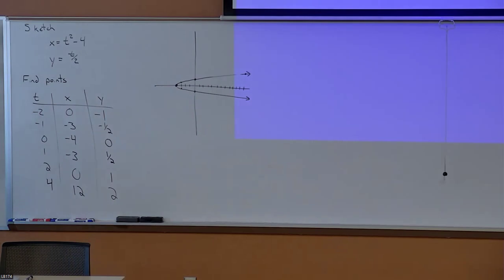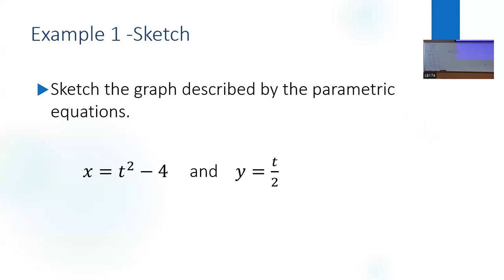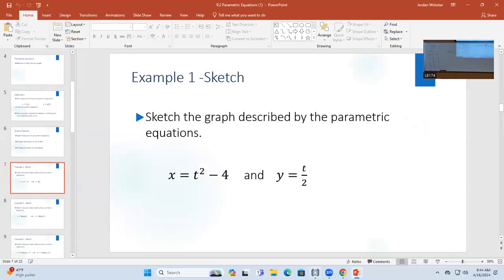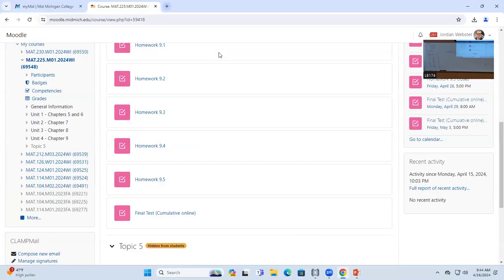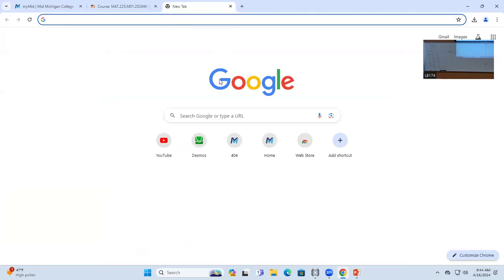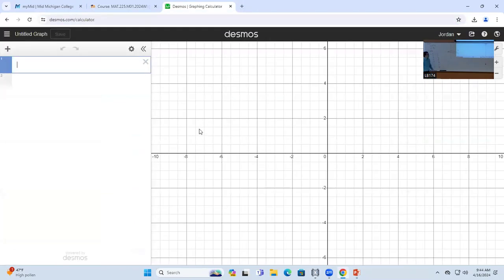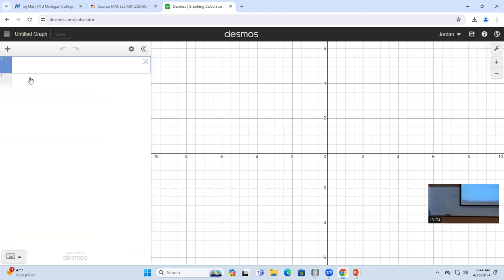One of those ways is by going to something like Desmos. And graphing. So here's how we graph a set of parametric equations.